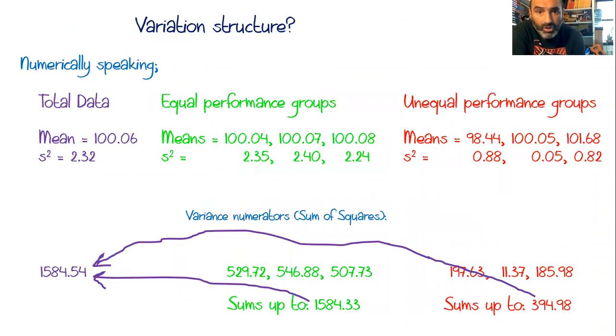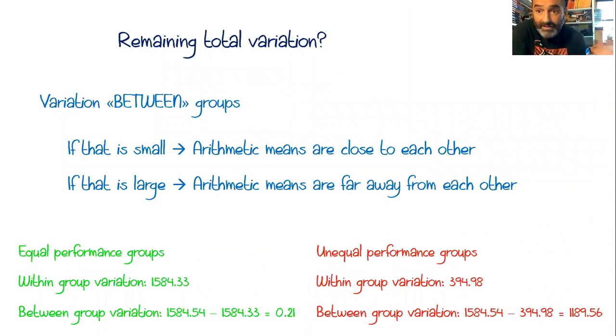Okay, so the remaining total variation is the between group variation, or variation between groups. You could call it both ways. Basically, if that between group variation is small when compared with the within group variation, then you expect the arithmetic means to be close to each other, because what causes the between group variation is how close each sample's arithmetic mean is to the other groups' arithmetic means.